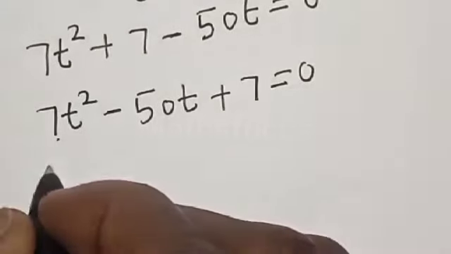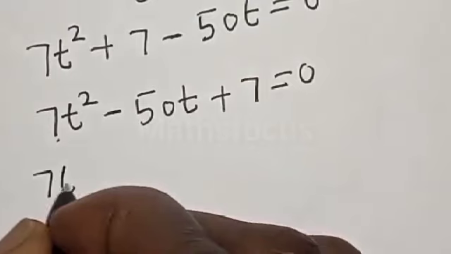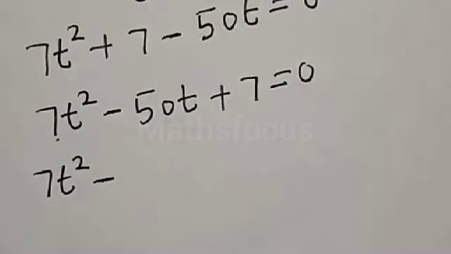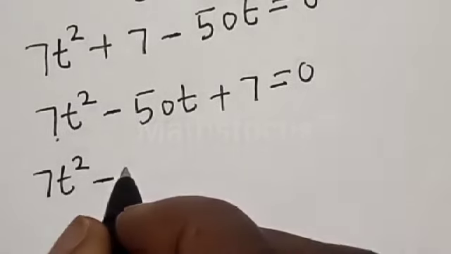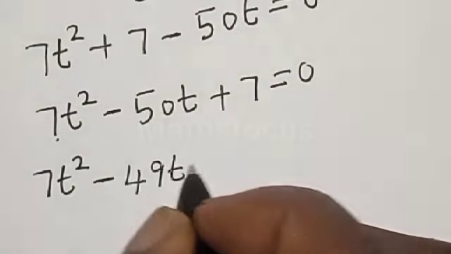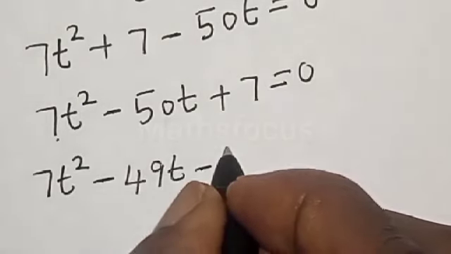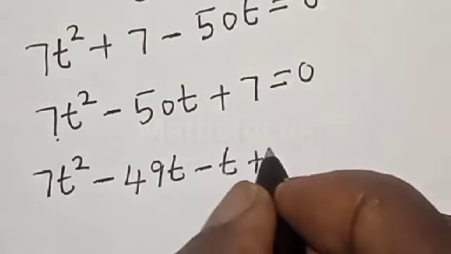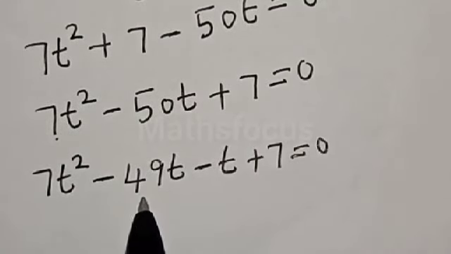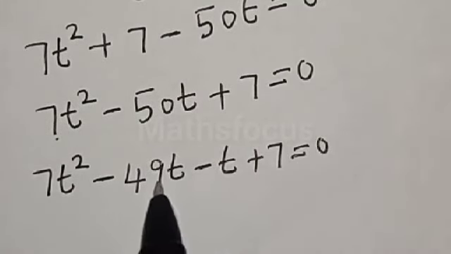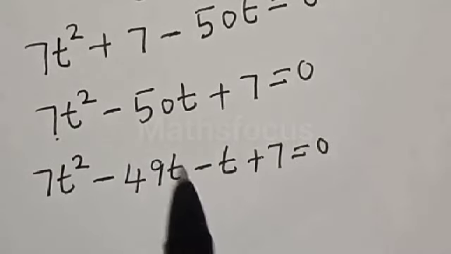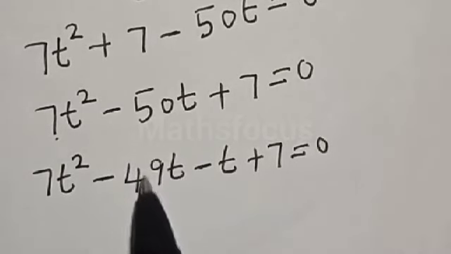Now we have 7t squared minus 49t minus t plus 7 is equal to 0, because minus 49 times minus 1 is going to give you plus 49. Then minus 49 minus 1, that is minus 50.